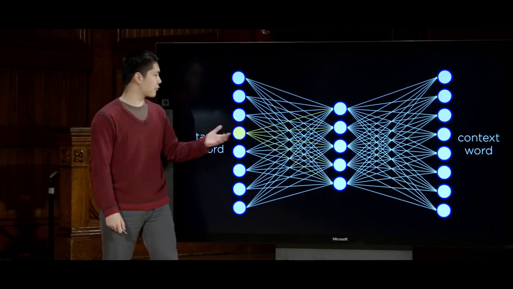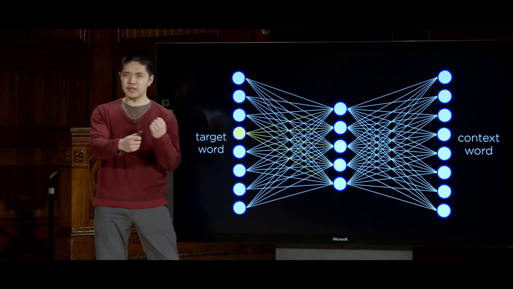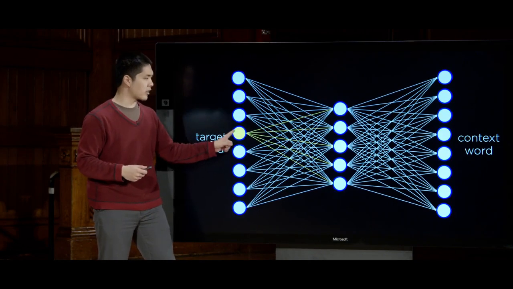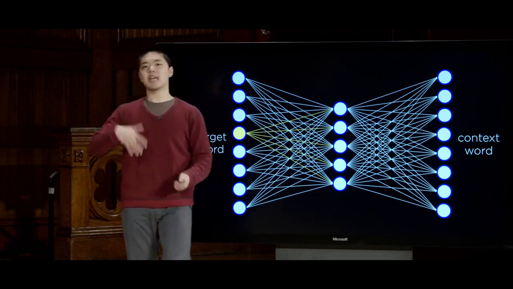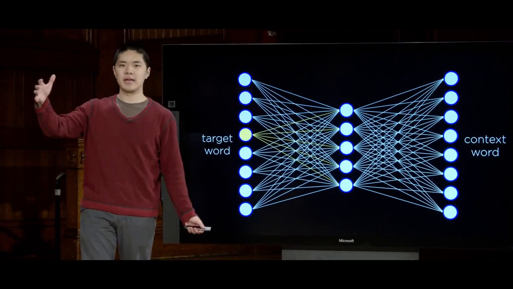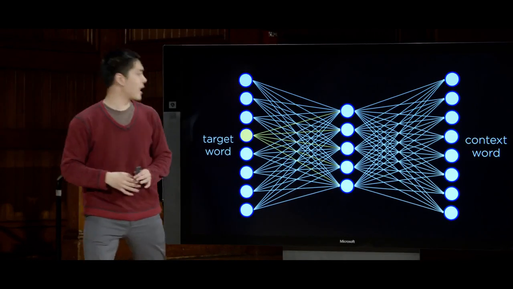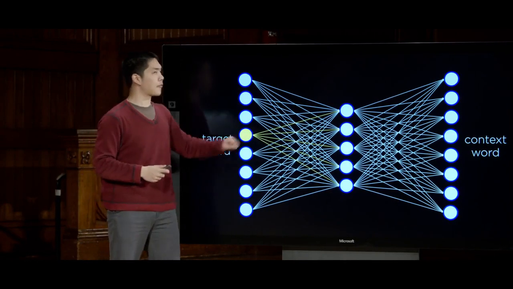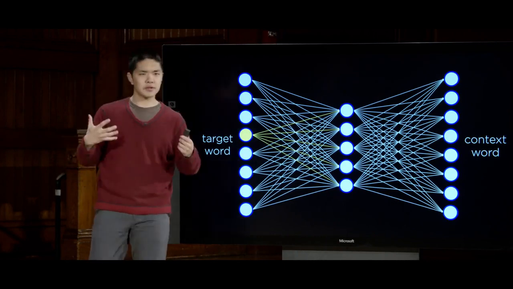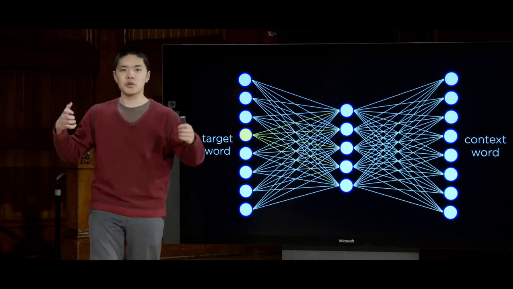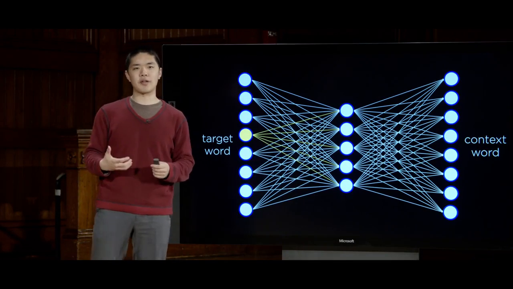In other words, I get 5 numbers that effectively represent this particular target word. And the number of hidden nodes in this middle layer, I can pick that. Maybe I'll choose 50 hidden nodes or 100 hidden nodes. And then for each of these target words, I'll have 50 different values or 100 different values. And those values we can effectively treat as the vector numerical representation of that word.